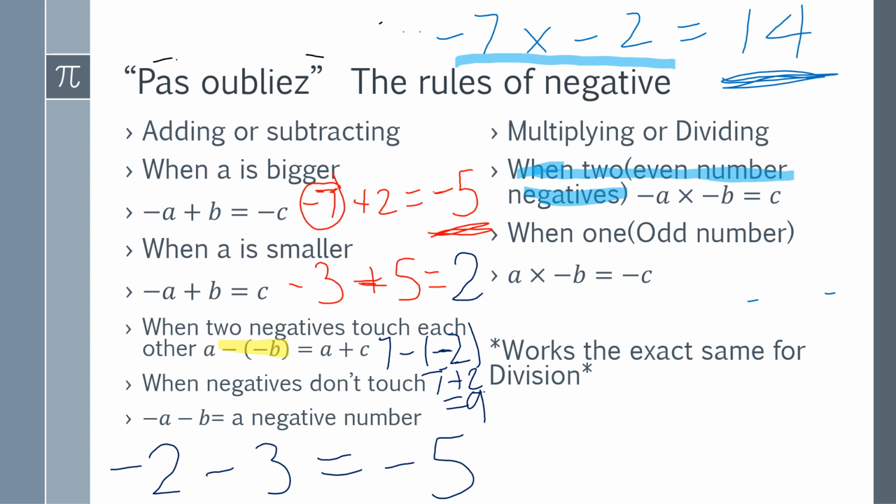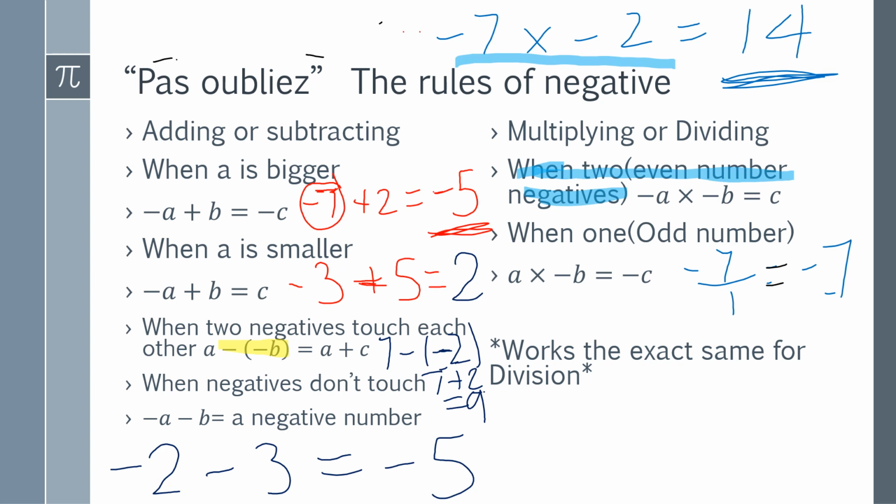So what if I have 1 negative number when I'm multiplying or dividing? Guess what? I end up with a negative answer. So negative 7 divided by 1, that's just negative 7.